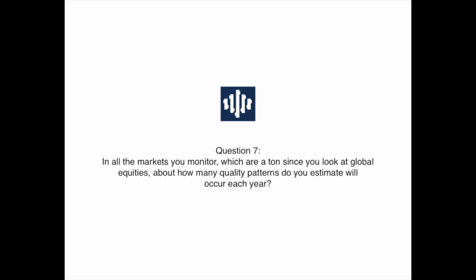In all the markets you monitor, which are a ton since you look at global equities, about how many quality patterns do you estimate will occur each year? This will depend on the time frame that you're looking at. If you're looking at daily price charts, there will be several opportunities, but the failure rates will increase. If you're looking at longer term charts, failure rates will be less, but you will have fewer opportunities.